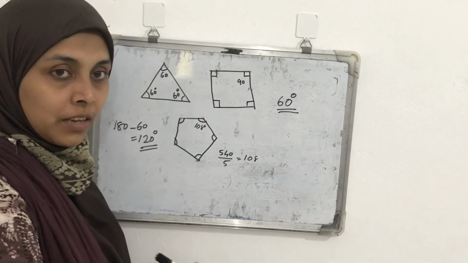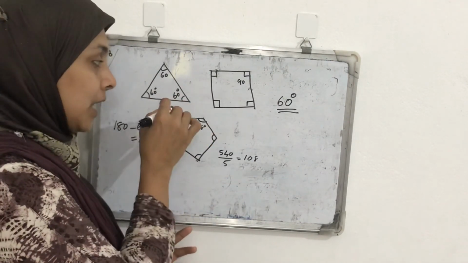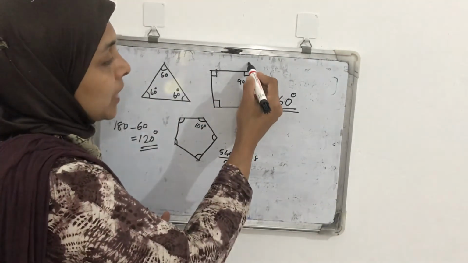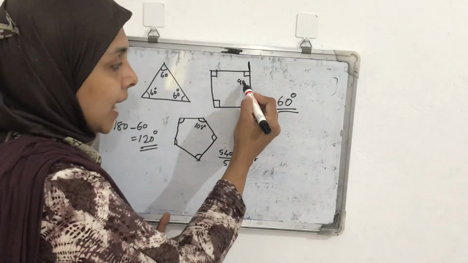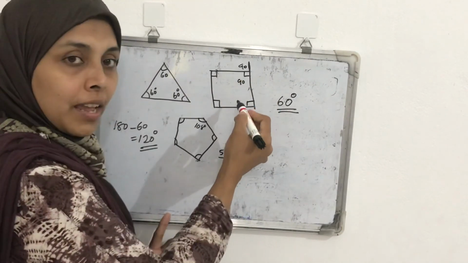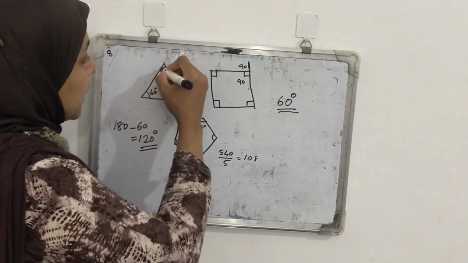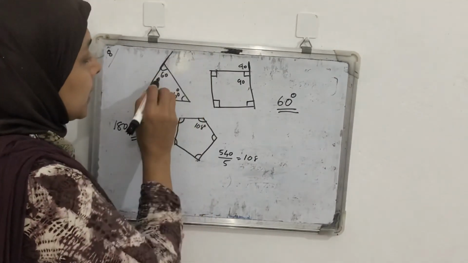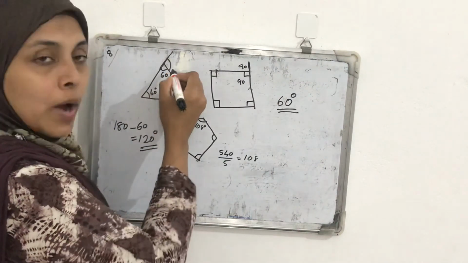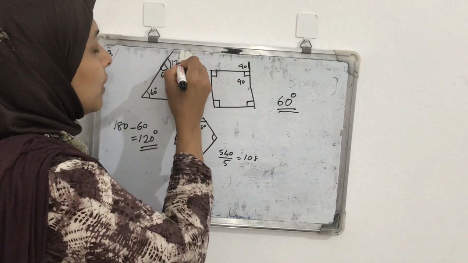Clear? For an interior angle, the minimum is 60 degrees. In that case, we get the maximum exterior angle. Look here: if the interior angle is 90, its exterior angle will also be 90, because the sum must be 180. In this case, the interior angle is 60, so the other angle will be 120.